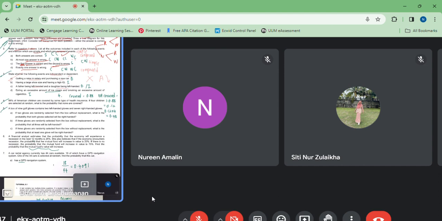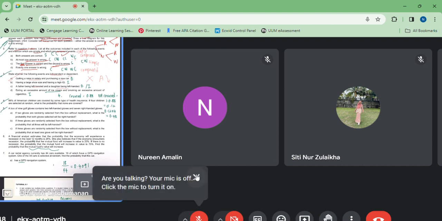Like that. So if they say, in this question, smoking excessive amount of cigarettes and causing cancer, anyone wants to answer? Smoking excessive amount of cigarettes which caused cancer.